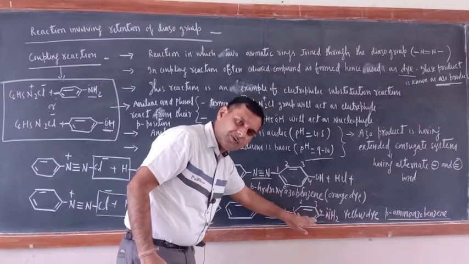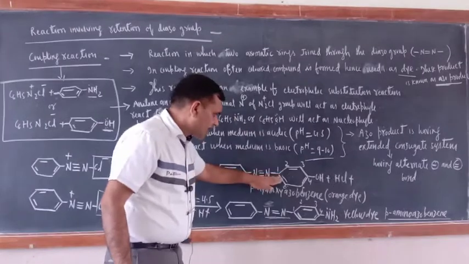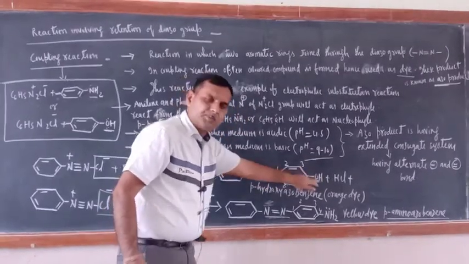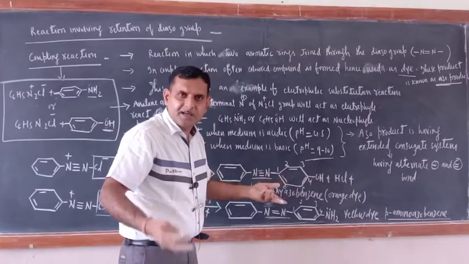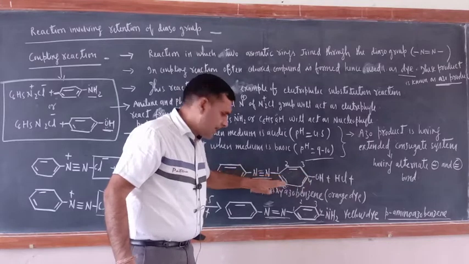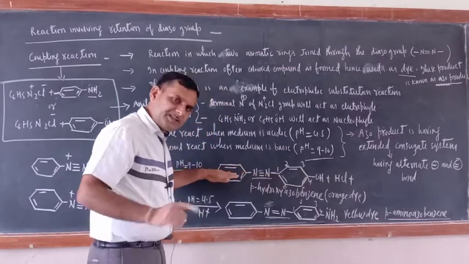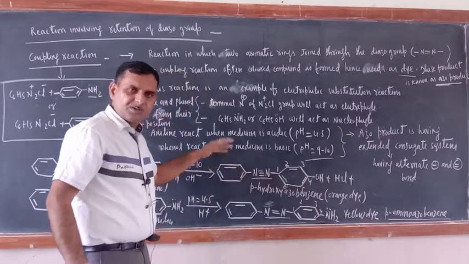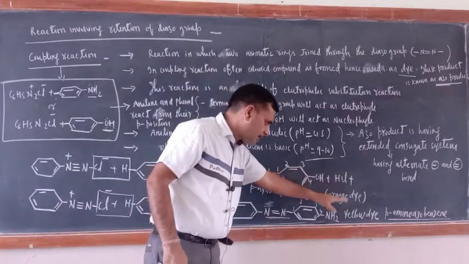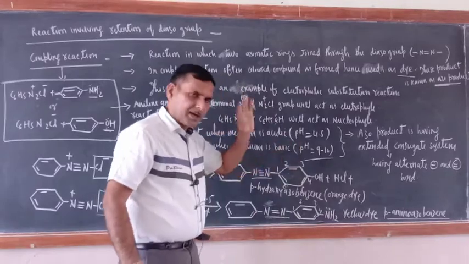Para hydroxy azo benzene: para hydroxy is understood for one benzene, azo for this one, and the benzene word for this one. So para hydroxy azobenzene in case of phenol is an orange dye, in case of aniline a yellow dye.